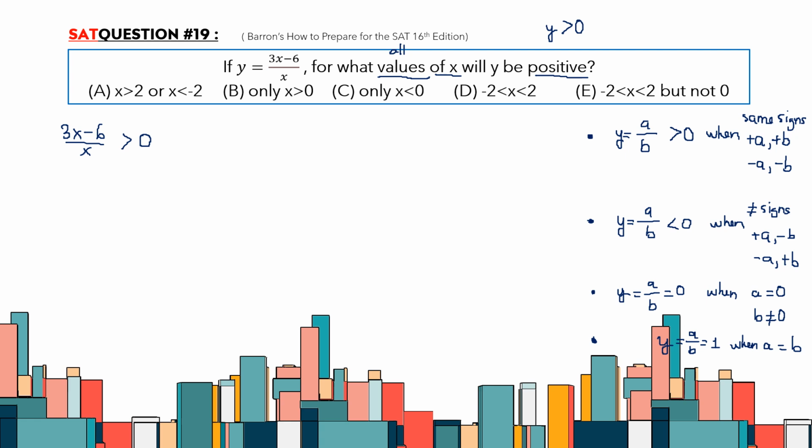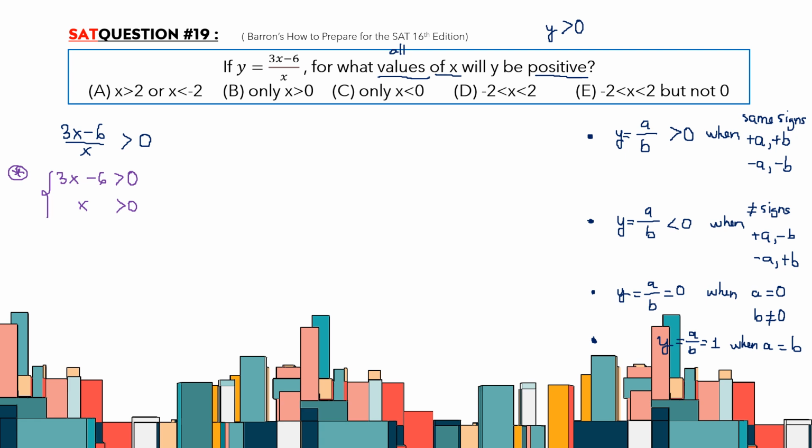The first case is when 3x minus 6 is greater than 0, positive a, and x is greater than 0.